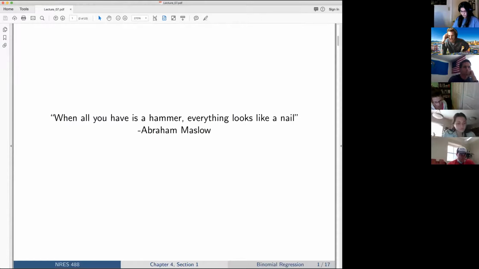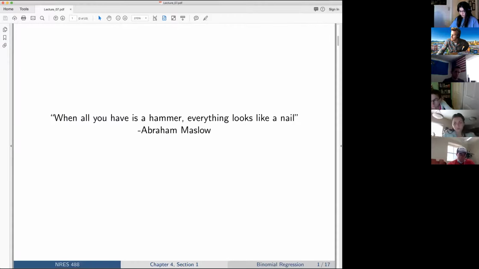And if you don't meet the assumptions of linear regression models, there's pretty much one tool that's taught so that you can meet those assumptions. What is that tool? Would that be log transforming it? Yeah, exactly. Transforming the data.